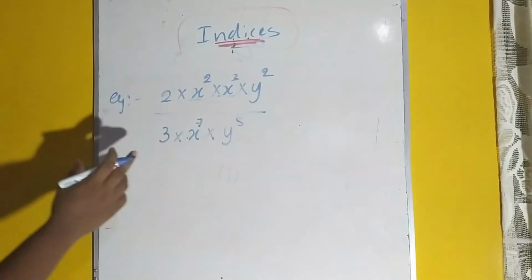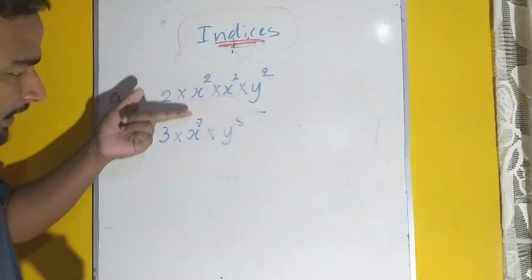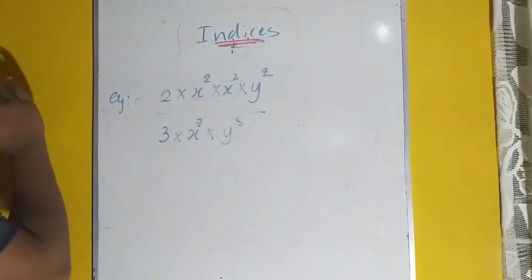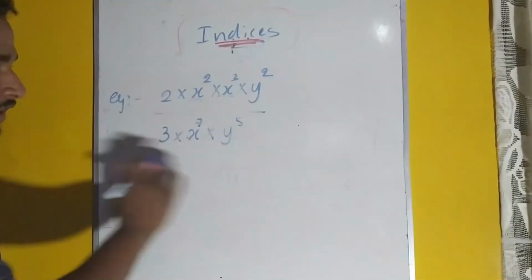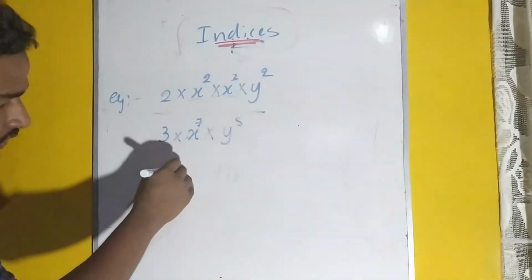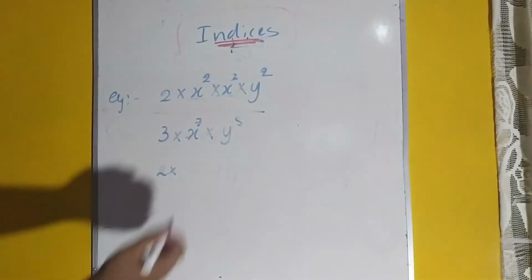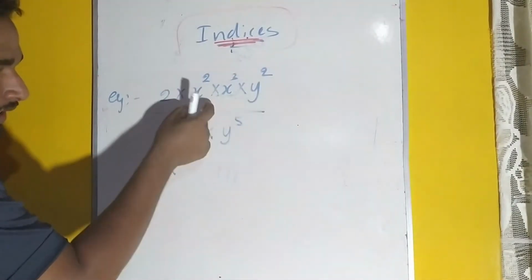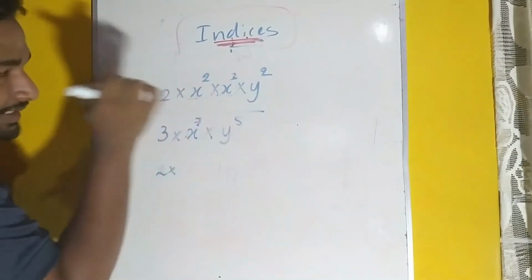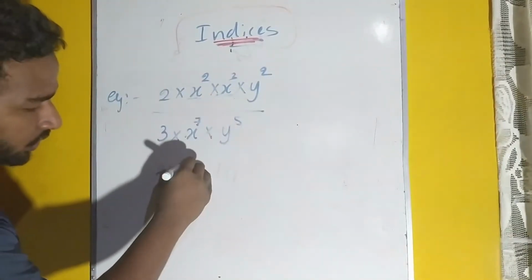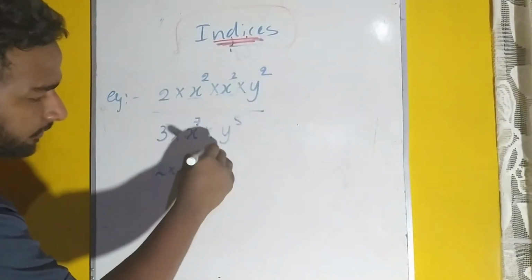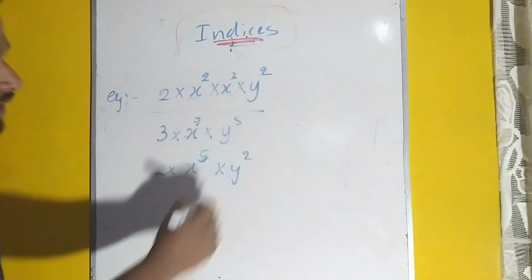In the denominator, the bases are the same as well. So first solve the numerator, then the denominator, and finally come to the answer. Solving the numerator, x to the power 2 into x to the power 3, the bases are the same. In multiplication, if the bases are the same, you should add the powers. So it is 2 into x to the power 2 plus 3, which is 5, into y squared.